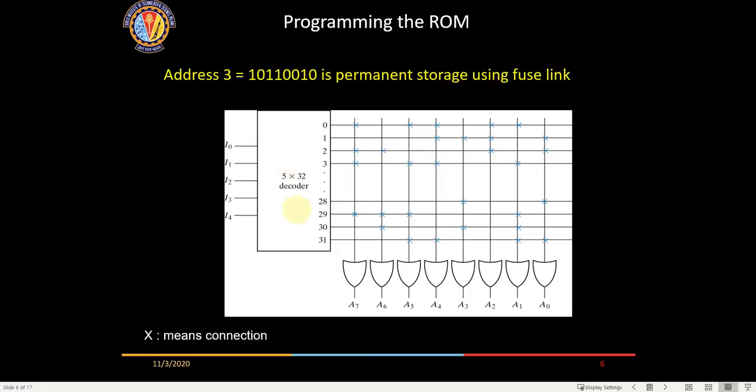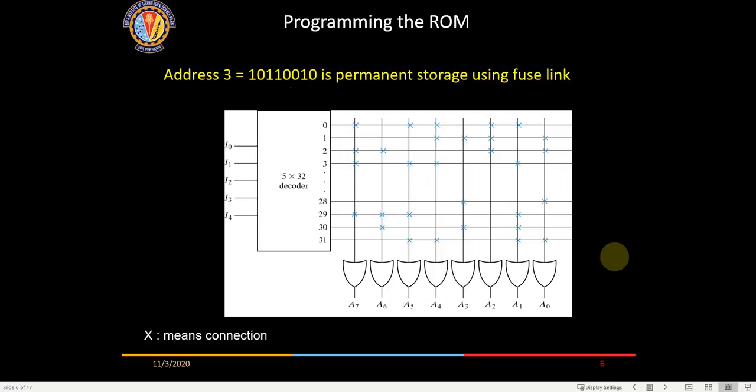For example, if I give the address corresponding to 3, 0 0 0 1 1, I1 and I0 being 1 1, this line will go high. What will be the output? There is a cross here, here, here and here. Wherever there is a cross, it will be 1, and wherever there is no cross, it will be 0. So you will get this particular data.